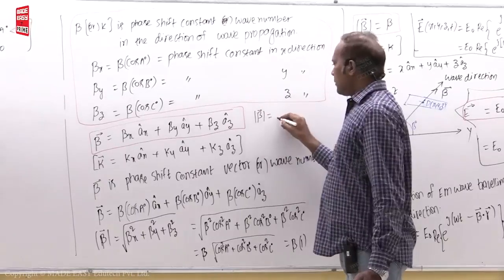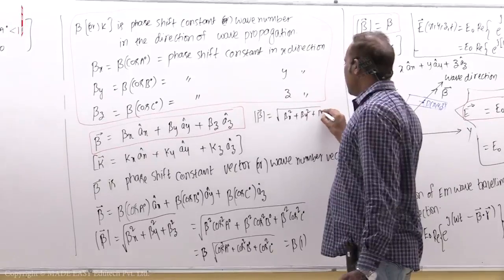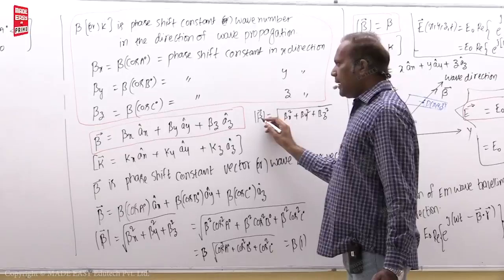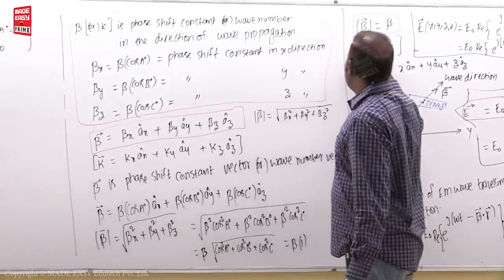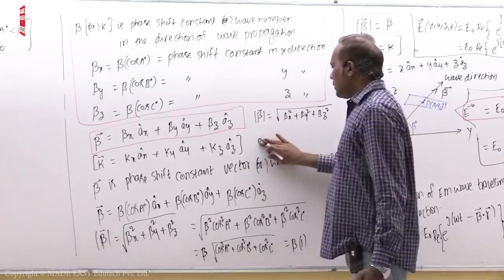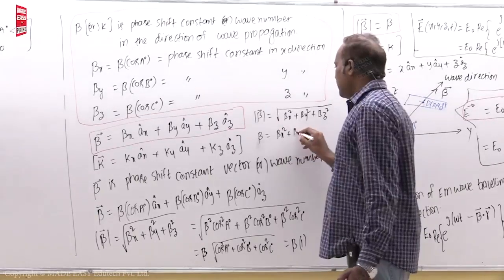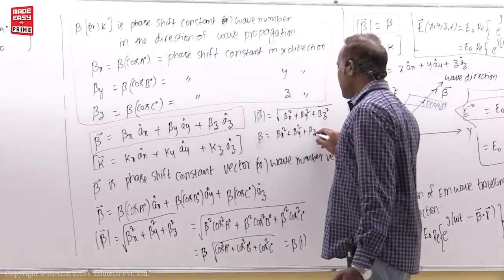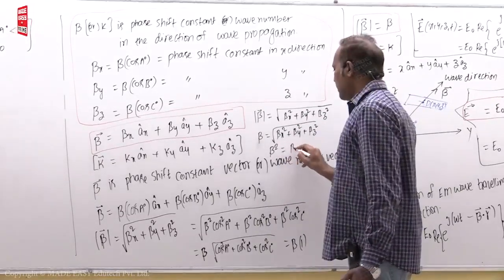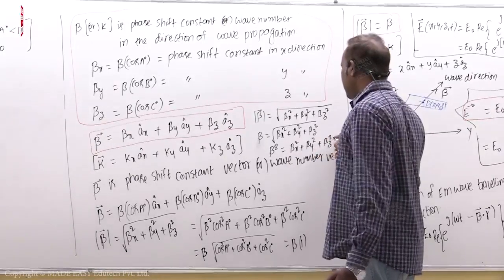Modulus of b is equal to root of beta x square, beta y square, beta z square. Actually, somewhere I wrote here modulus of b is nothing but beta. So beta is equal to beta x square, beta y square, beta z square under root.